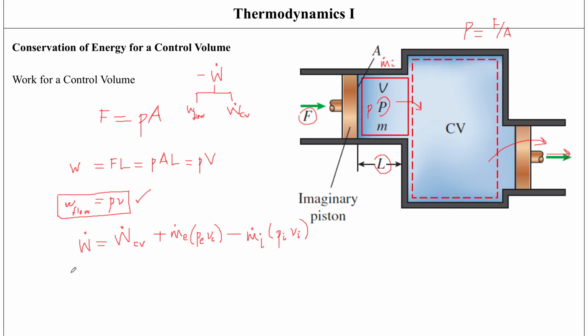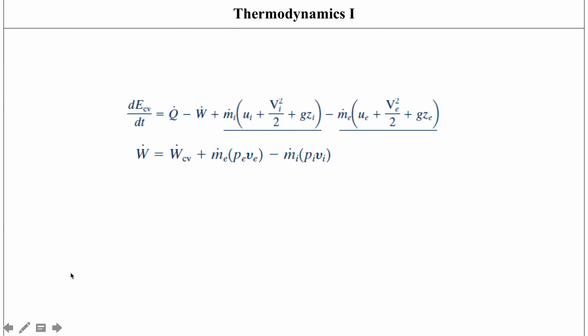Once we do that, let me just see if I have it written down here. Right, so these are the two equations that we have now. This was the first equation that we previously worked out, and this is the equation that we've just worked out. I'm going to plug all of this in here.